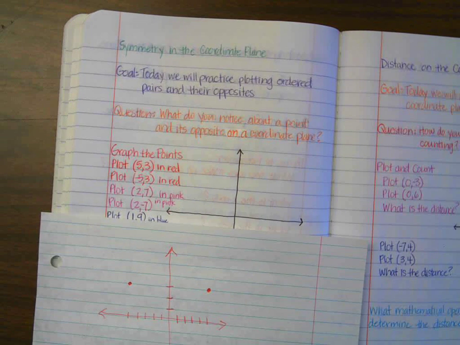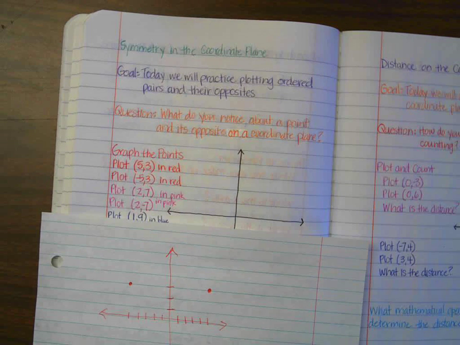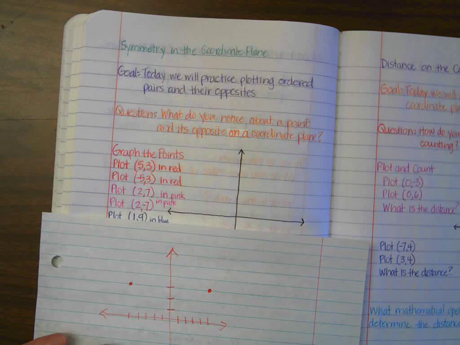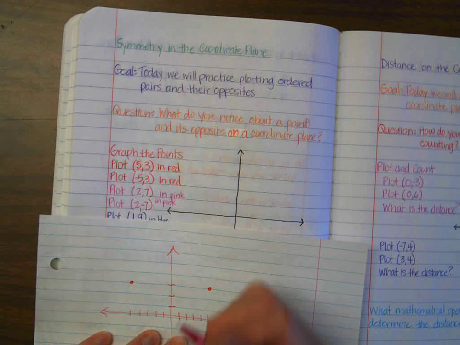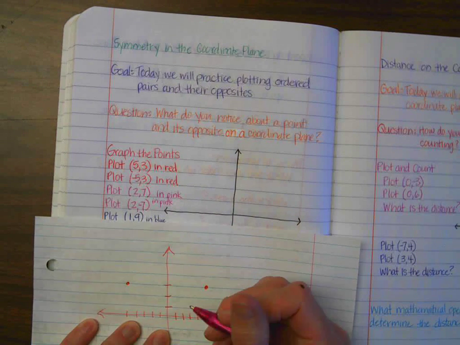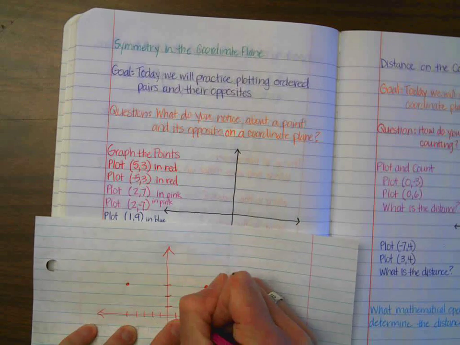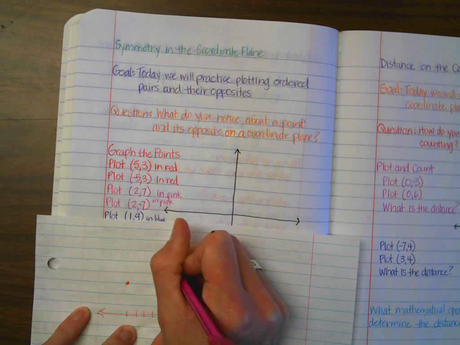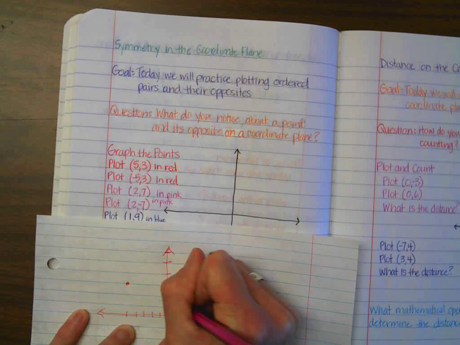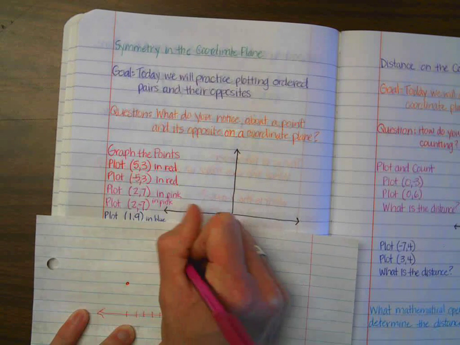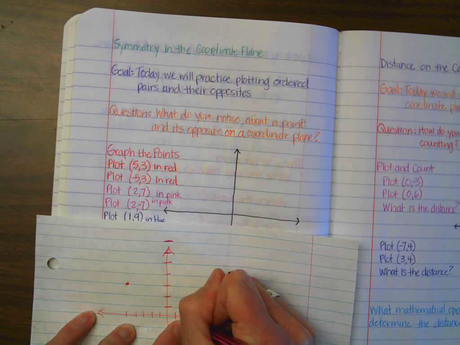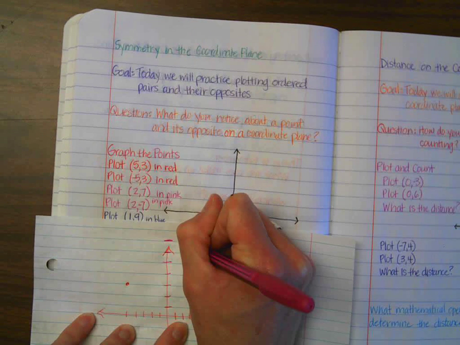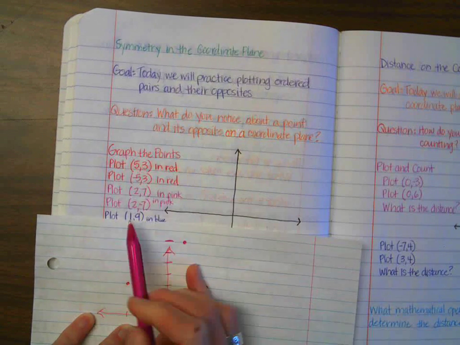Next in pink, so we're going to get our pink pen out. It says in pink that we want you to plot 2, 7. That means I go to the right 2 and up 7: 1, 2, 3, 4, 5, 6, 7. So that's where this one sits.